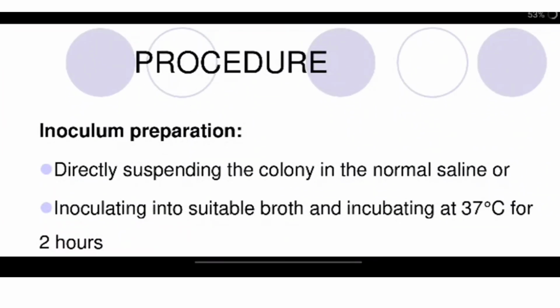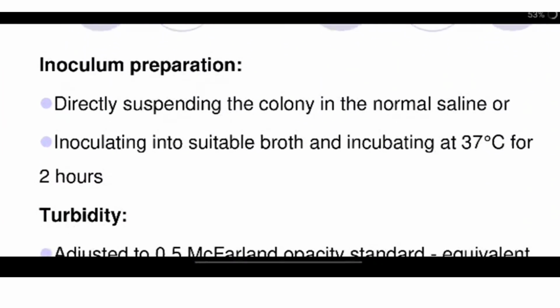What is the procedure? So, inoculum preparation: directly suspending the colony in normal saline. How is it done? We will take peptone water or normal saline, pick up one colony and suspend it into the normal saline or any suitable broth, and incubate it at 37 degrees Celsius for 2 hours.